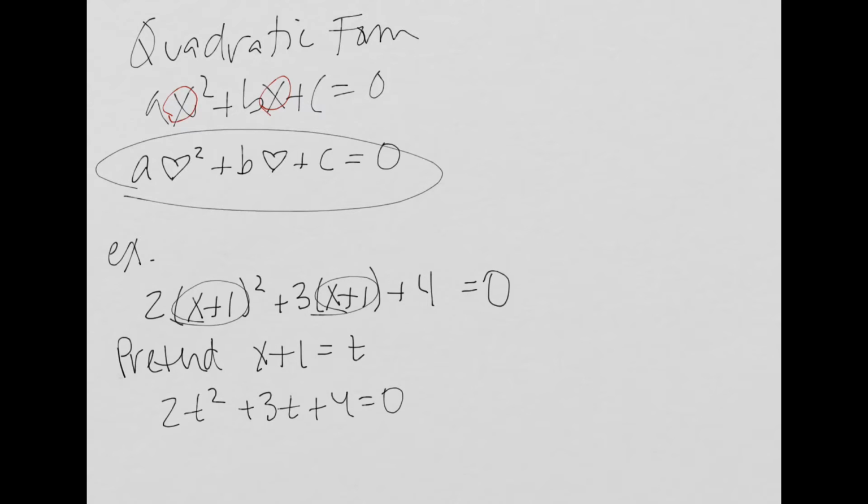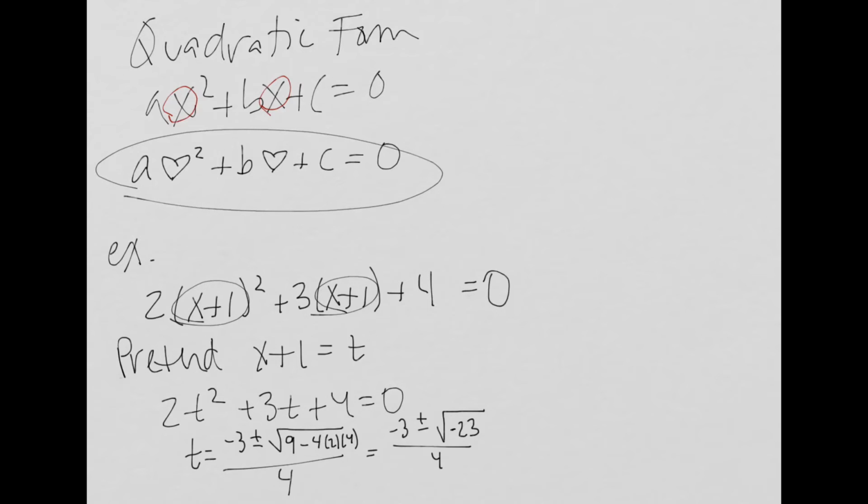So how do you solve this? Well, we would use the quadratic formula, and that would give us negative 3 plus or minus the square root of b squared, which is 9, minus 4 times 2 times 4, all over 2a. So that is negative 3 plus or minus, what's that going to give us? 9 minus 32, so negative 23, under the radical, all over 4.